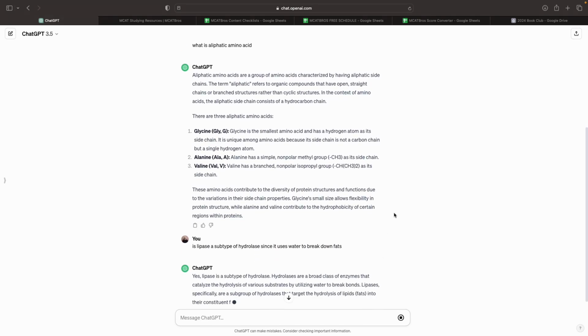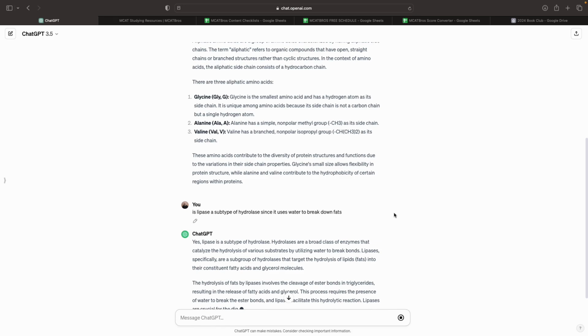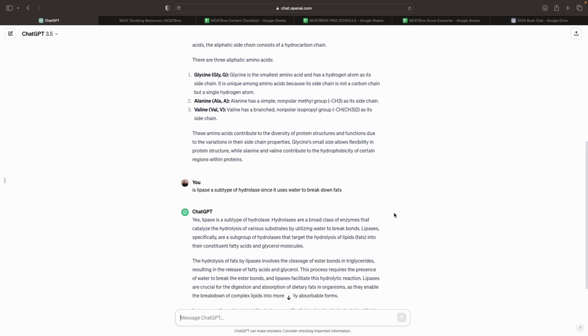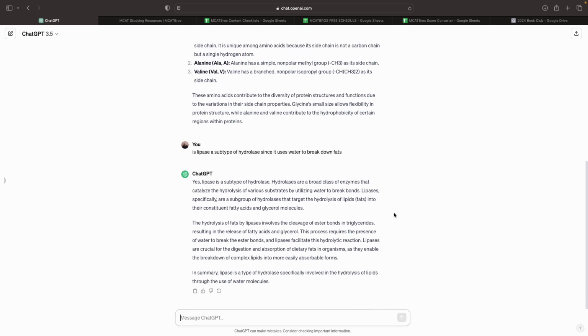Yes, lipase is a subtype of hydrolase. Hydrolases are a broad class of enzymes that catalyze the hydrolysis of various substrates by utilizing water to break down. Lipase specifically is a subgroup of hydrolase that targets the hydrolysis of lipids into their constituent fatty acids and glycerol molecules.